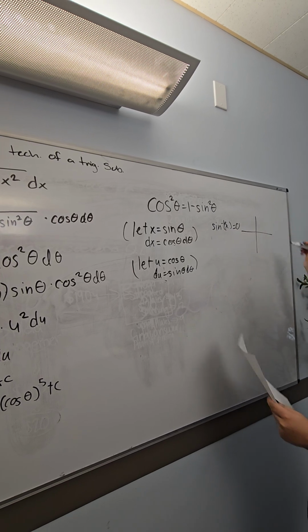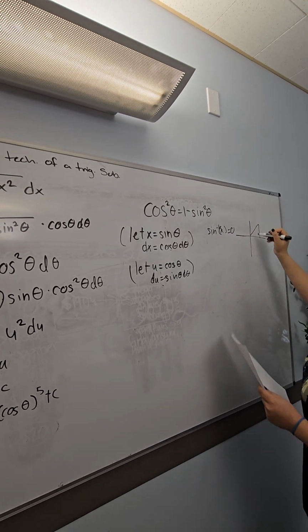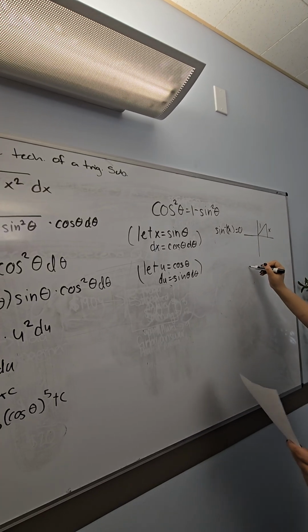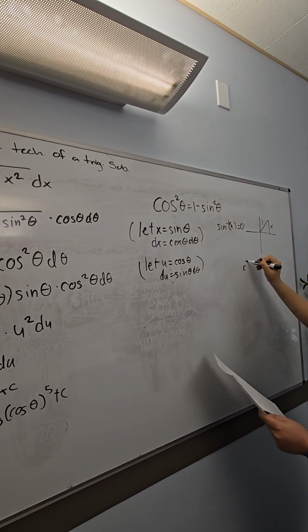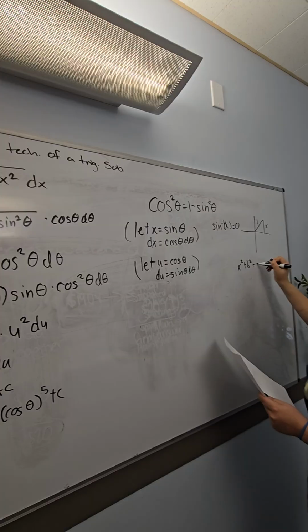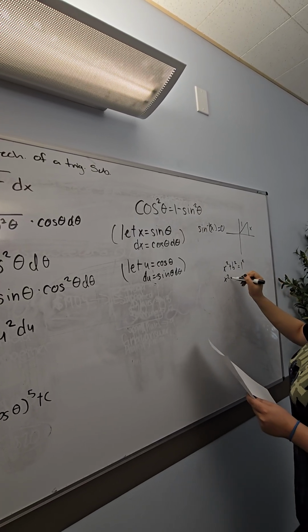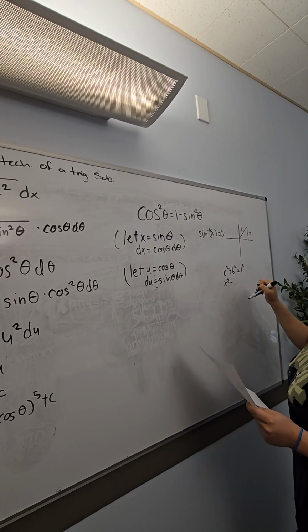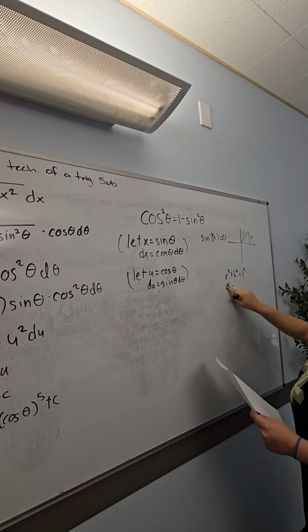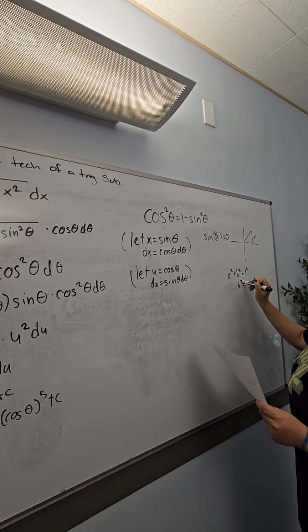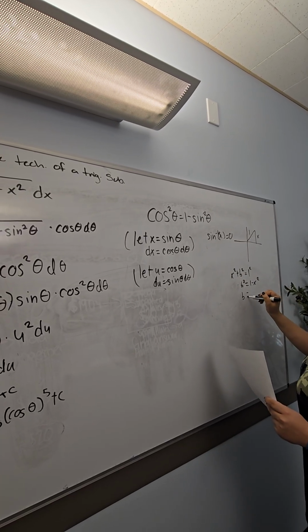That's when you make your special triangle. So your 1 will go here, your x will go here, and when you do the Pythagorean theorem, it's x squared plus b squared equals 1 squared. You bring the x over, and it's equal to b squared. You square root both sides.